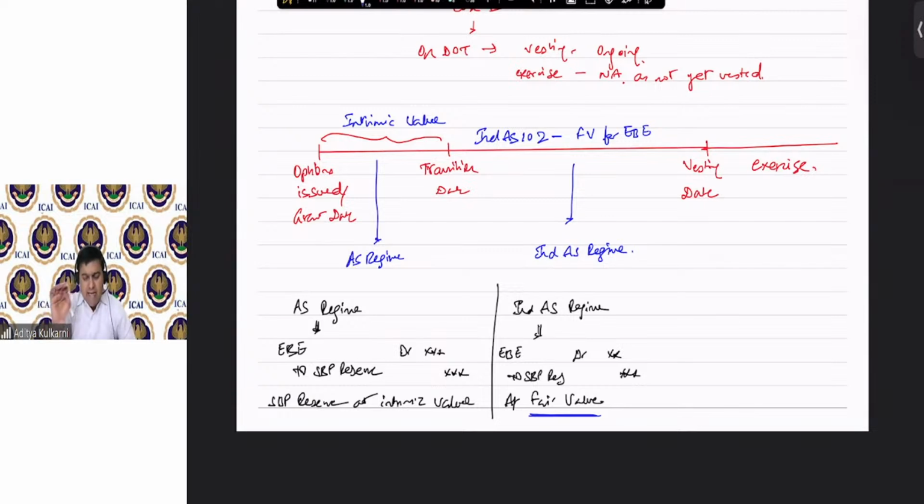Any doubts? Is ESOP totally clear? Any problem, any difficulty with ESOP? Yes. Namrata, did you follow last class? I believe you said that option 3 was not so very clear. So is it okay now?